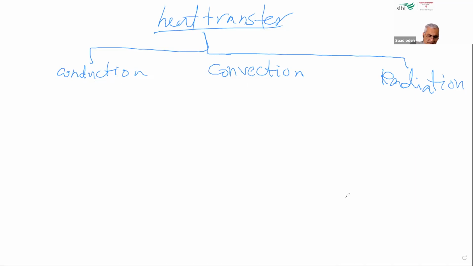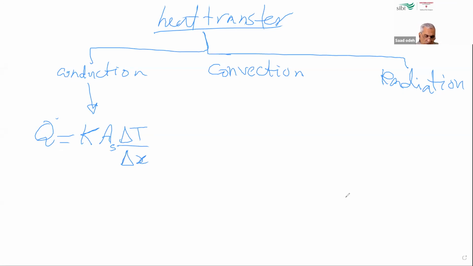Okay, if it's conduction, then it's quite simple, correct? It follows this equation: Q dot equals k A delta T divided by delta X. Delta X is thickness, delta T is the temperature difference, k is thermal conductivity, and A is the surface area normal to the heat transfer.